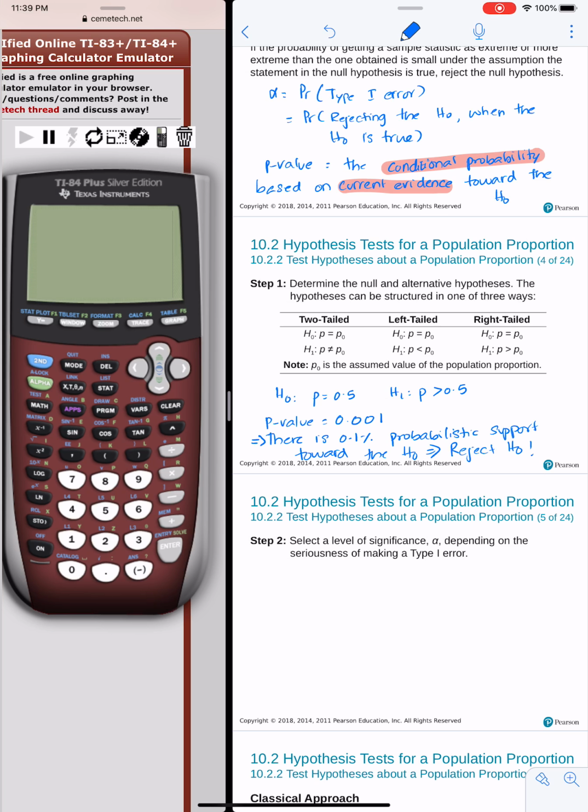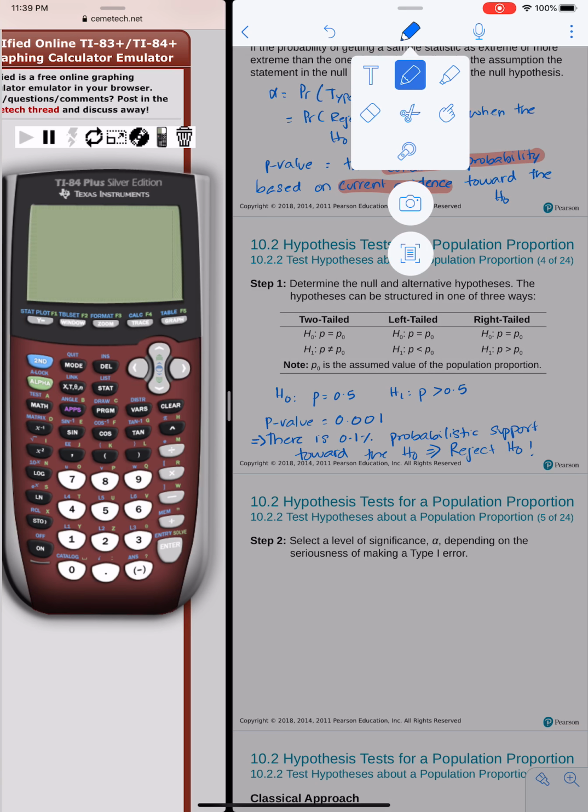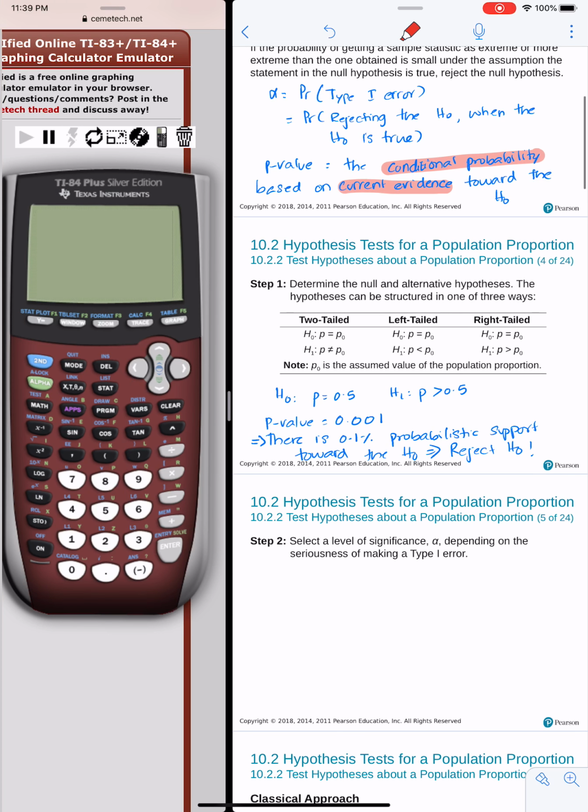So how would we go about conducting a test? There are a few steps involved, and specifically we are going to talk about a hypothesis test for population proportion. The very first step is to make the definition. We make an assumption for the proportion of the population.